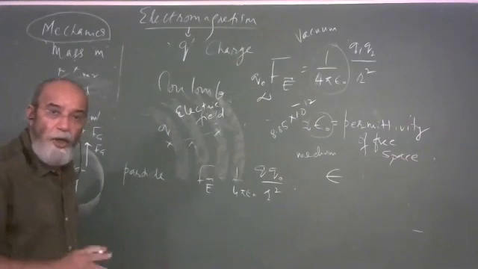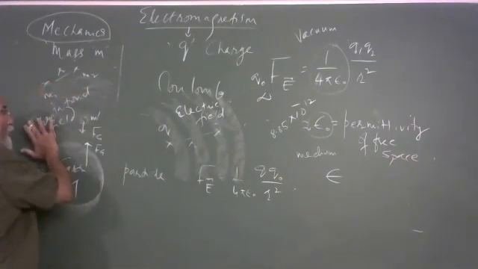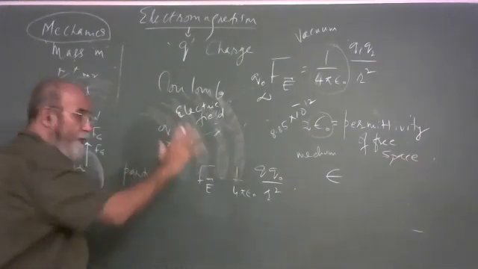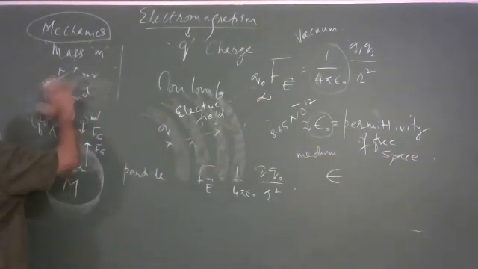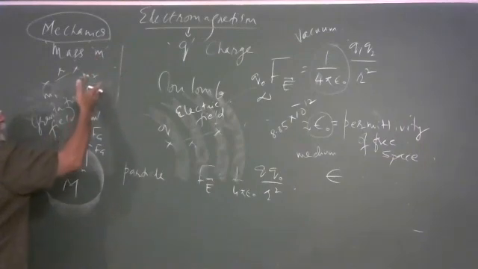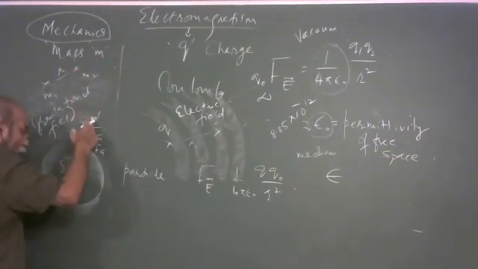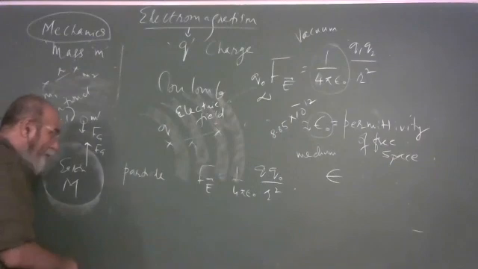Let's come back. So the same concept of gravitational field, electric field. I switched on the property M, gravitational field. You come within the gravitational field, and if you have the property mass, you will experience a gravitational force.